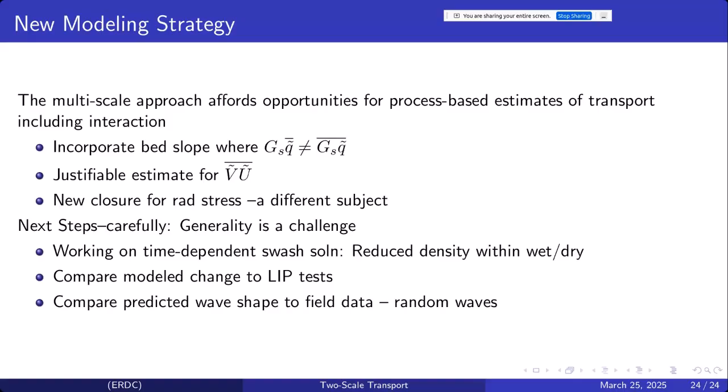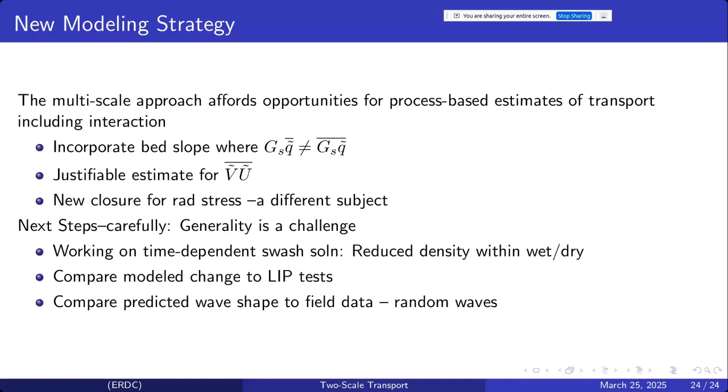And what we ended up doing, and there's really no justification for this, was saying, take that offshore-related transport due to the undertow and cut it down by some fraction, like a half. So if we were to compute an offshore transport of 3, then we would say, oh, well, we really need an onshore transport of 1.5. So let's make it 1.5 offshore. So it's just a total guess.